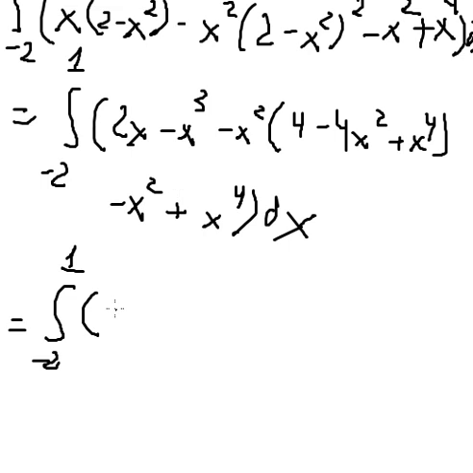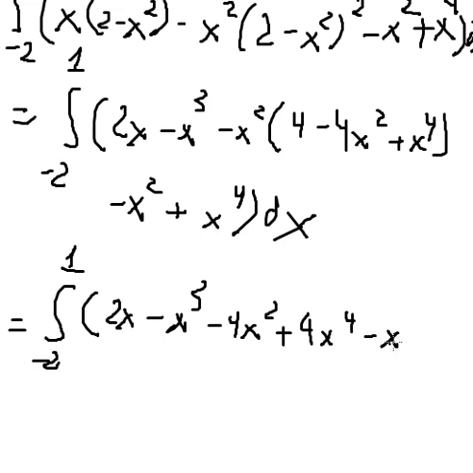So we simplify. We have negative 4x squared plus 4x squared to the power of 4 minus x to the power of 6 minus x squared plus x to the power of 4 dx.